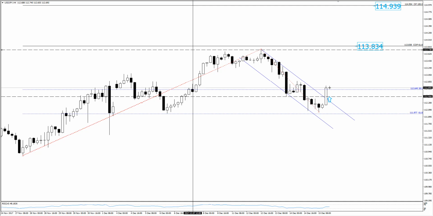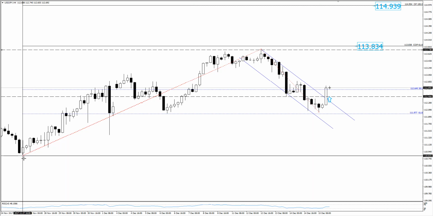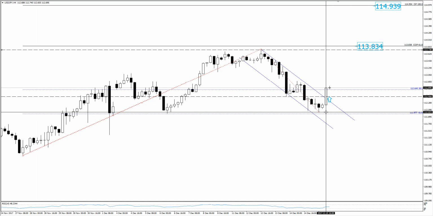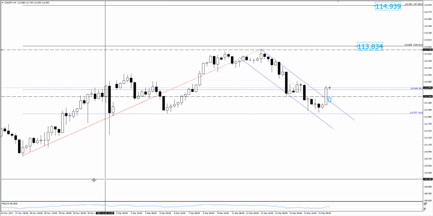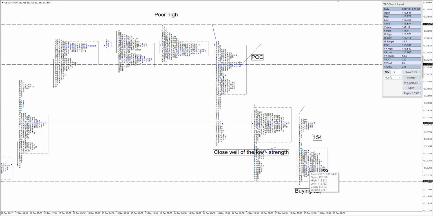So what we got here, well, the interesting point is the 61.8 retracement from this low to the high near 119.7 held successfully. So that makes sense why buyers stepped in, and we see that buyers are in control here, and we saw hidden strength in the background and poor high on the profile.